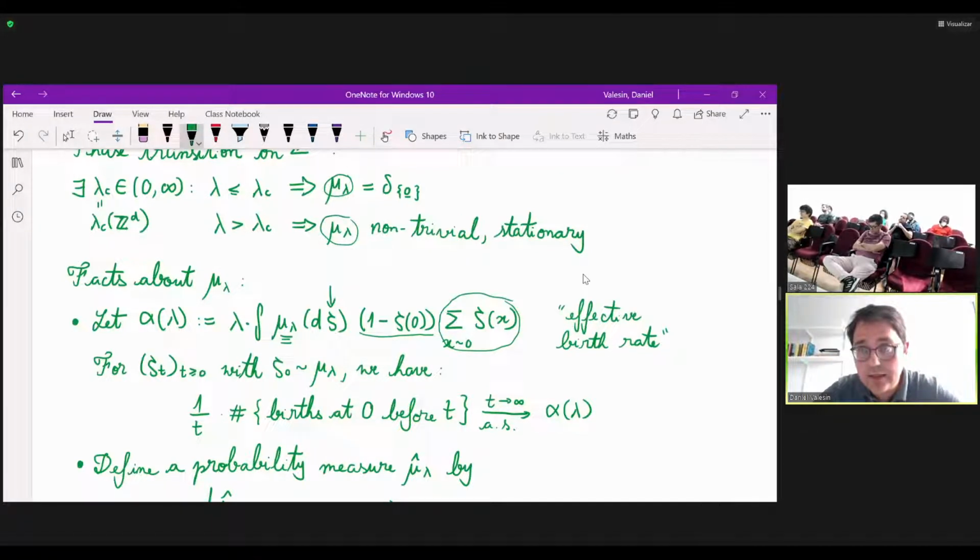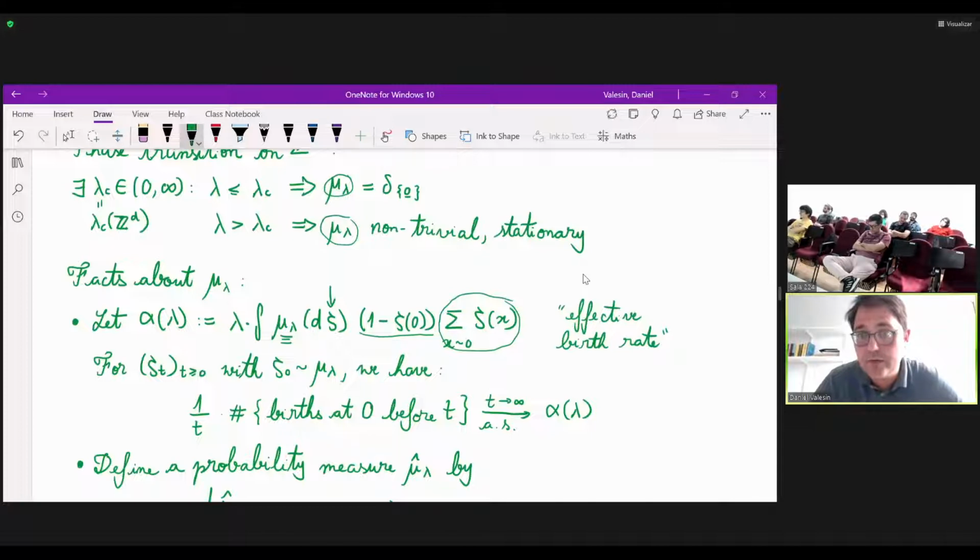The reason I call this an effective birth rate is as follows. Lambda is what is called the birth rate. Lambda is the rate at which one particle tries to give birth at a neighboring location. But sometimes the contact process has what is called a collision. A collision is when you try to give birth in a place that is already occupied, and when that happens, there's no effect.